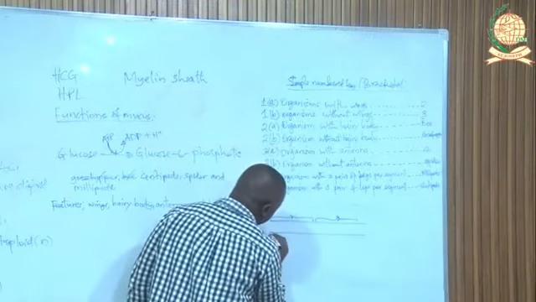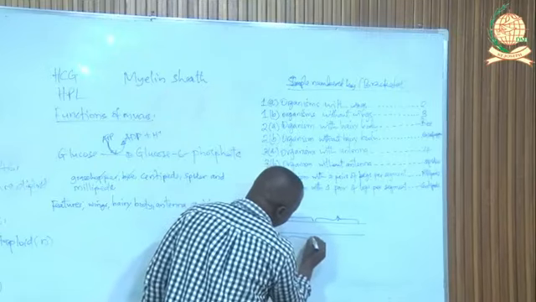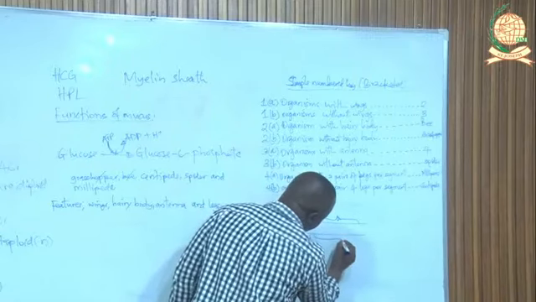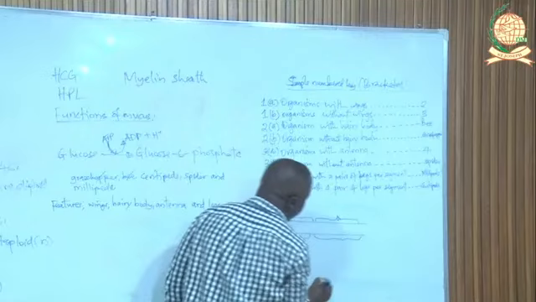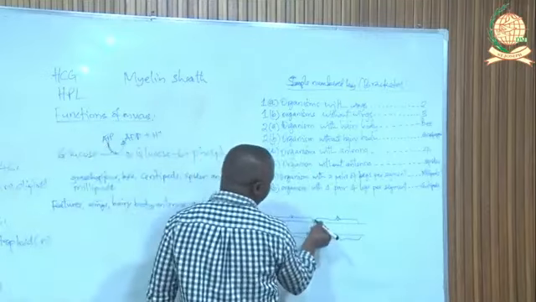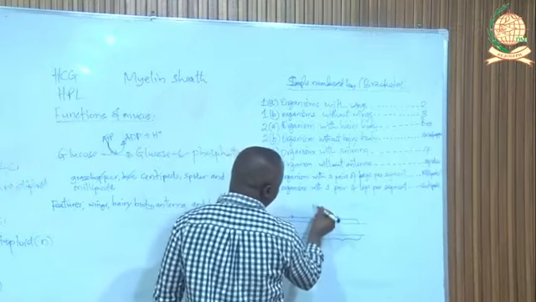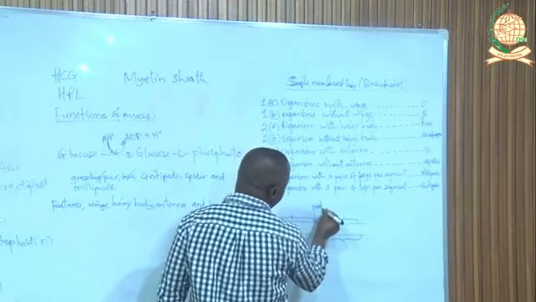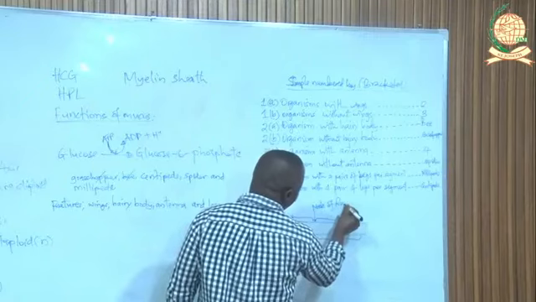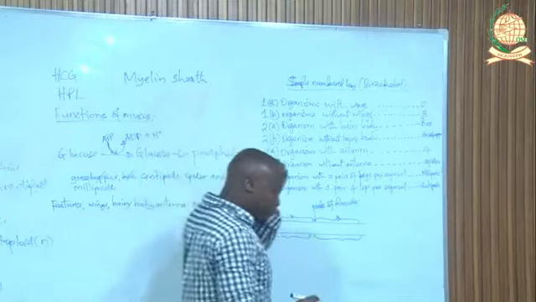At the points where there is no myelin sheath, like here, is the node of Ranvier.